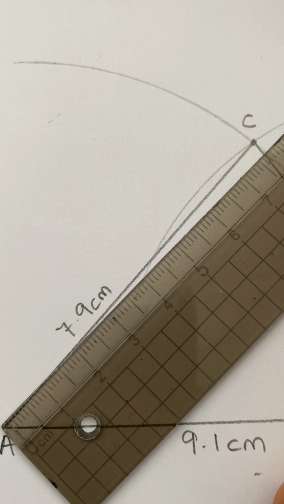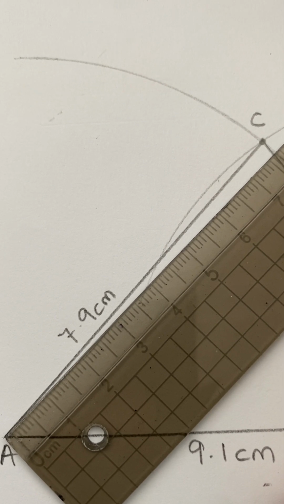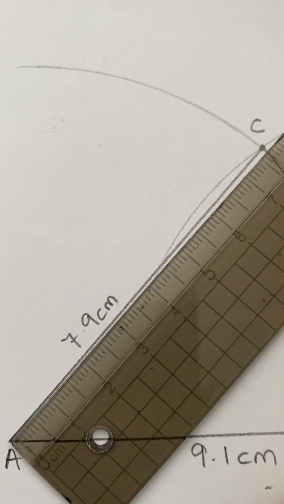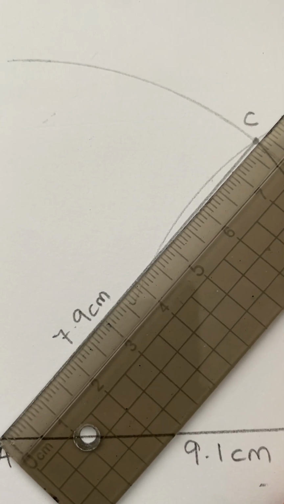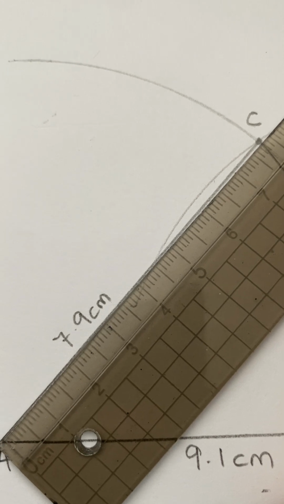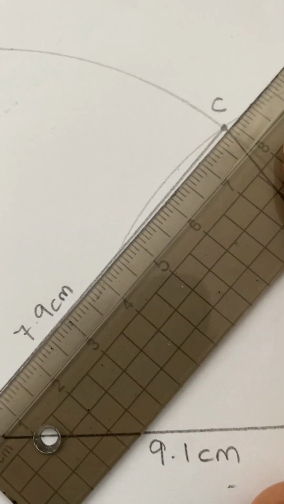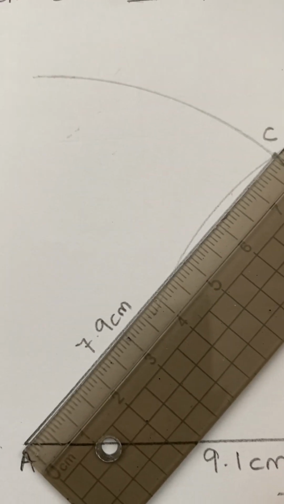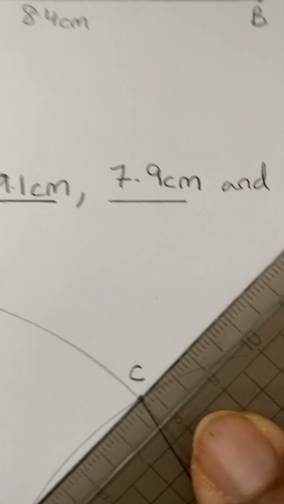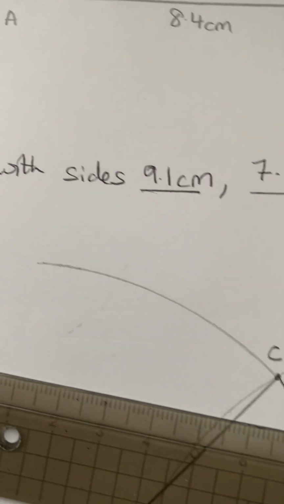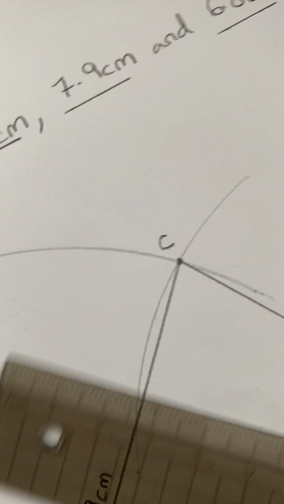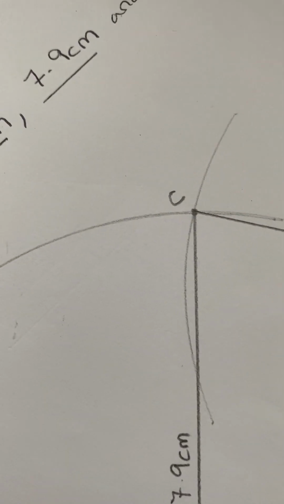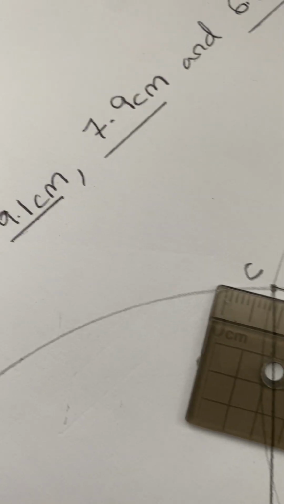So if you measure now, you've drawn your triangle. A being your reference, 7.9 exact, which is there. And then the second line, 6.8 centimeters.